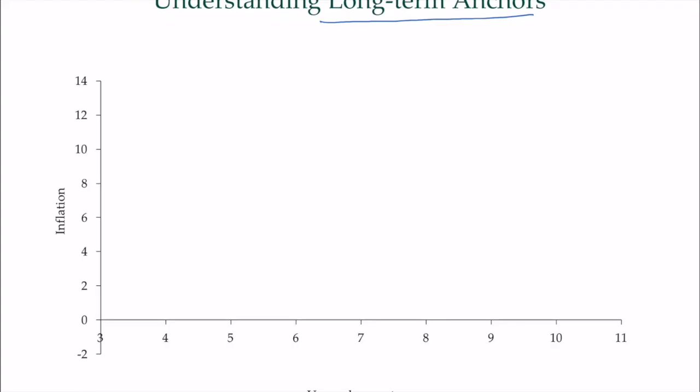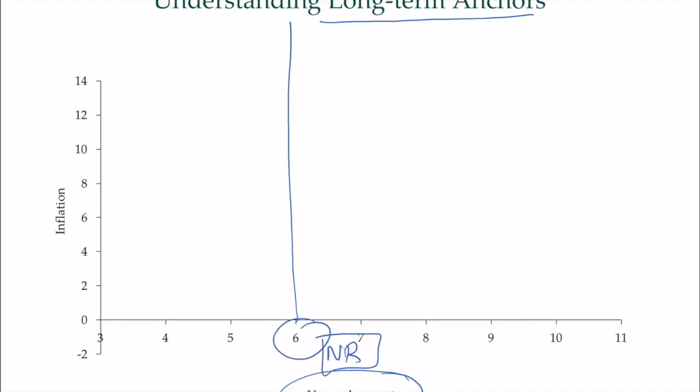Now, the moment we suggest that the economy is close to potential, we're going to be thinking about the concept of unemployment, which is the one we just mentioned, the natural rate of unemployment. Imagine just for the sake of this slide that the natural rate of unemployment is about 6%. Now, we expect the economy to be somewhere around that vertical line. But we also have a sense of a long-term anchor on the other axis, which is inflation.